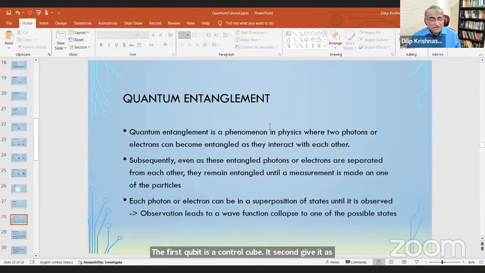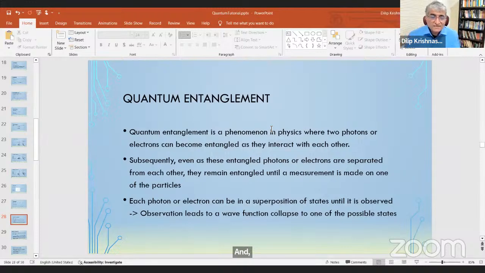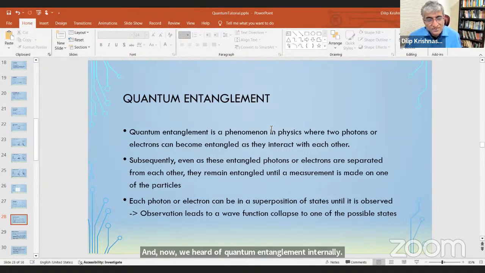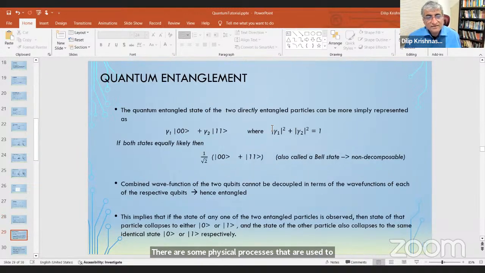Now, we've heard of quantum entanglement. Internally, there are some physical processes that are used to actually achieve entanglement, but from a computation perspective, it is realized using these kinds of unitary transforms. When two particles are entangled, they can be directly entangled or inversely entangled.